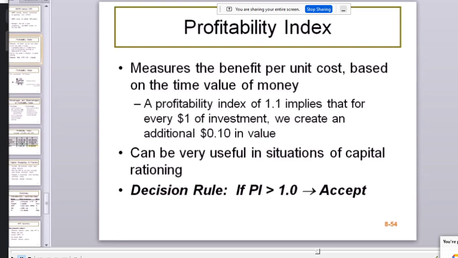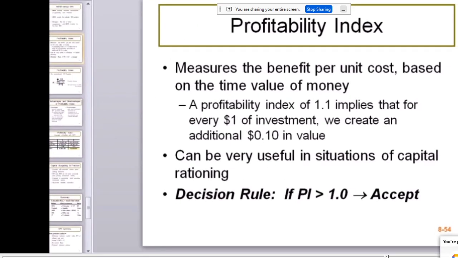Here's the profitability index. Do you guys see the profitability index in front of you? Am I sharing correctly? Yes or no? Yes. Okay, good.